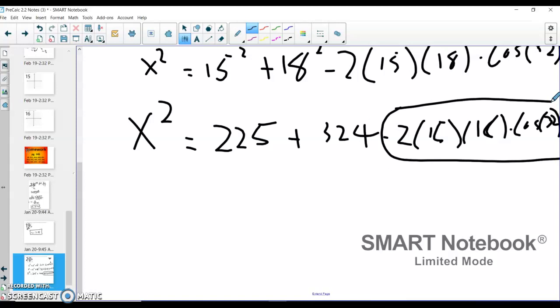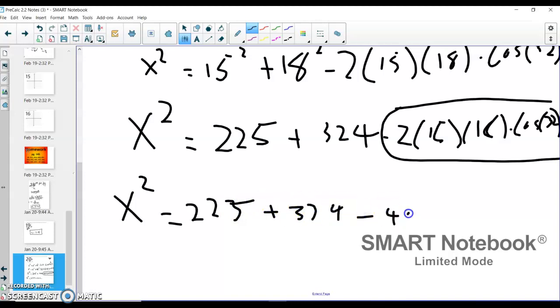So I'm going to do negative 2 times 15 times 18 times the cosine of 32, and I get negative 457.94, or 95 if I round it. And since that's a negative number, it's going to be subtraction. So that's 225 plus 324 minus 457.95 if I rounded it.